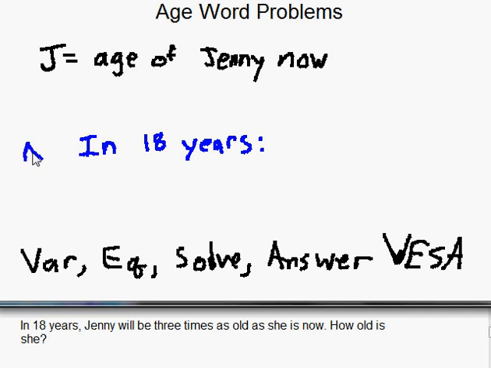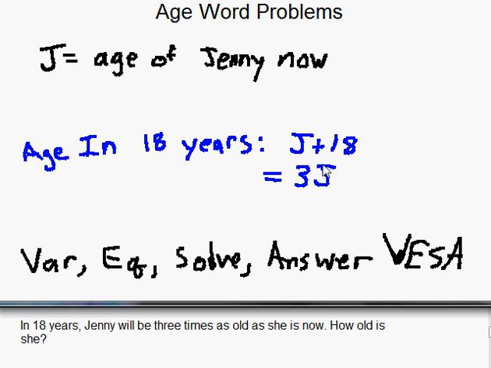J plus 18. Yep. So her age in 18 years will be J plus 18. And we know that is going to be equal to what? 3J. 3J, that's right.